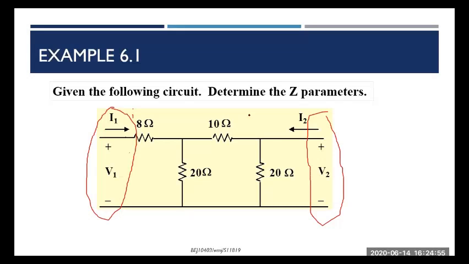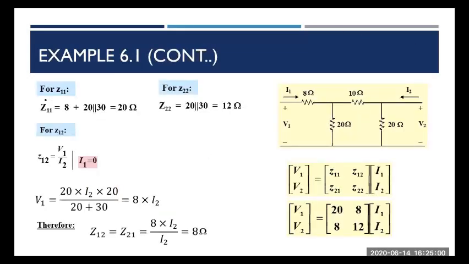The first step you need to do is to write the terminal equations. We get them from V1 equals Z11 I1 plus Z12 I2, and V2 equals Z21 I1 plus Z22 I2. So by doing this, what you actually do is try to solve the circuit by setting the output port as open circuit.